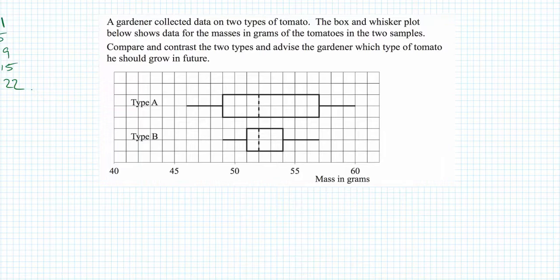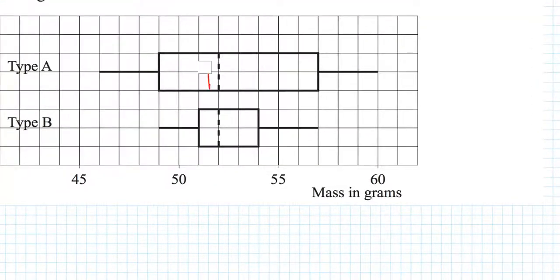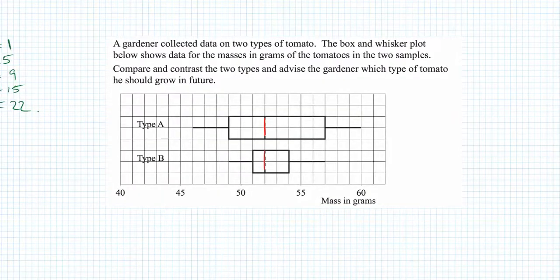So first of all, we can clearly see that this dotted line is in the same place for both of them at 52 grams. So this means the median, the average, is the same. So on the surface, perhaps, there is not much difference in type A and type B. They both come out of the same average mass in grams.